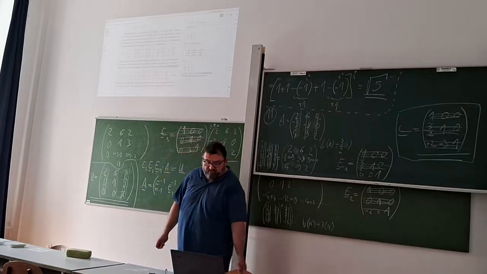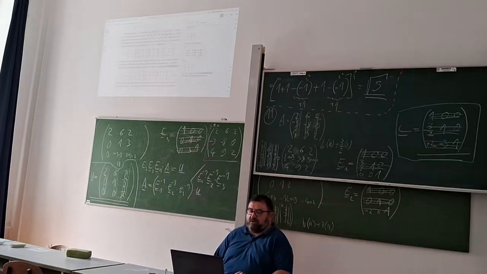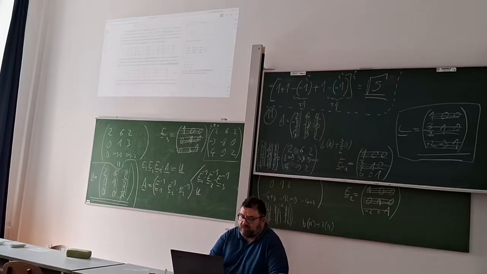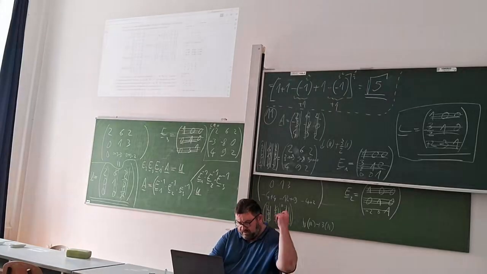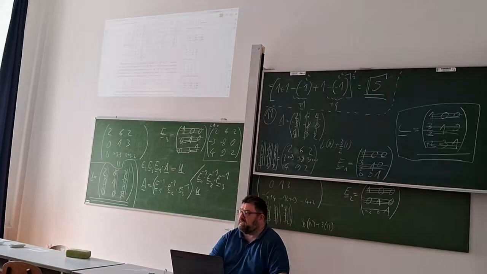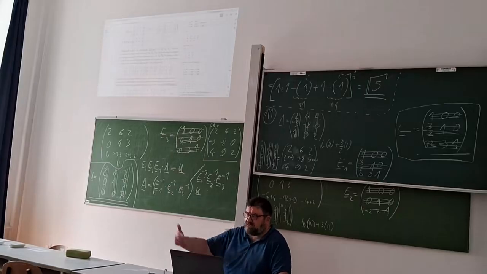Okay, the magic, which was not described properly, is how and why you copy the elements of these E1, E2, E3 to this matrix, that's L. You have to copy to the appropriate place and change the sign.